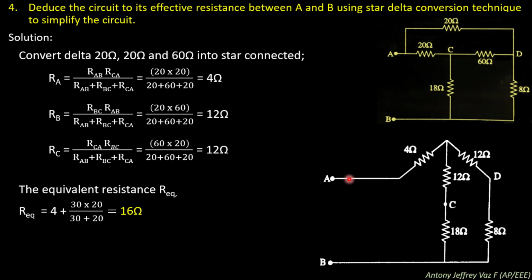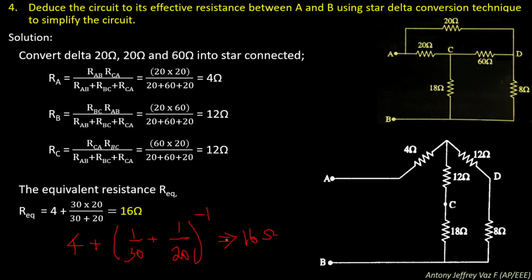You can see this 4 ohm resistor is in series with the parallel combination of the 30 ohm resistor and the 20 ohm resistor. So you can directly write the formula as 4 ohm plus (1/30 plus 1/20) whole inverse, which will give you a value of 16 ohms.